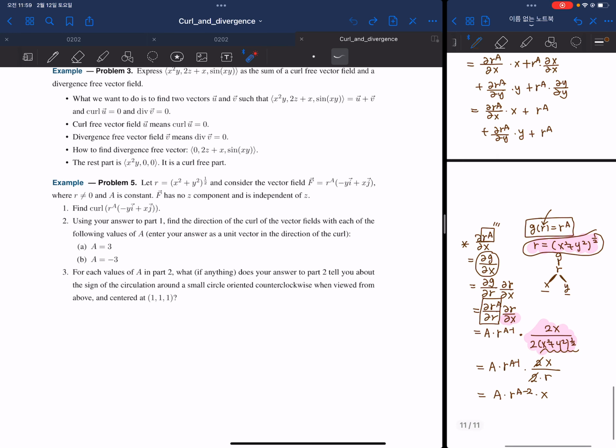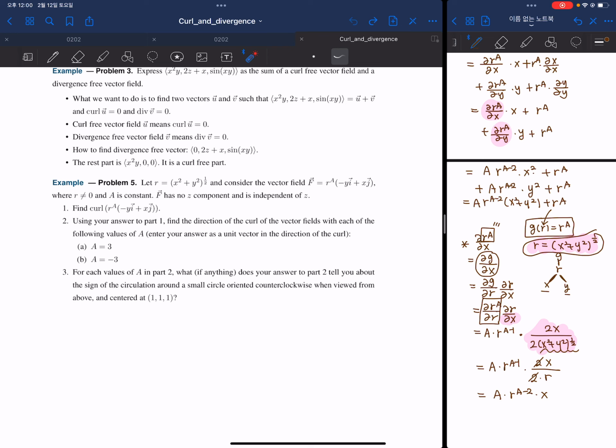Then let's plug in here. We get a times r to the a minus 2 times x, and then we also have x, so we write x squared, plus r to the a. If you do the same thing, you can also calculate d(r to the a)/dy, so you get a times r to the a minus 2 times y squared, plus r to the a. Then it is the same as a times r to the a minus 2 times (x squared plus y squared), plus r to the a.